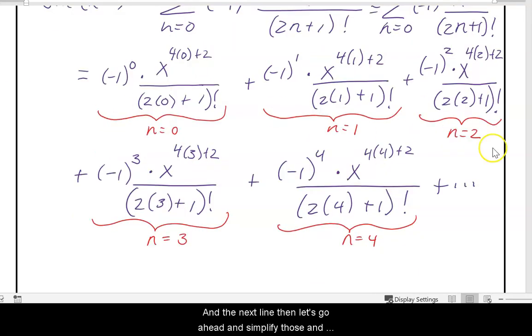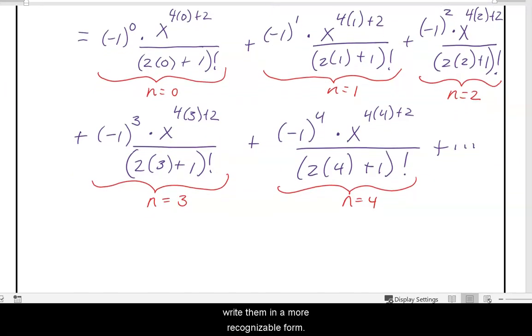In the next line then, let's go ahead and simplify those and write them in a more recognizable form. This should give rise to the following. -1 to the 0 is of course 1. 4 times 0 is 0, plus 2 will give me x squared for the numerator.